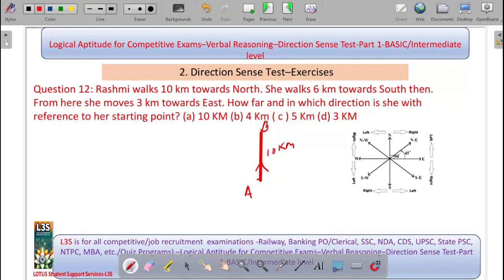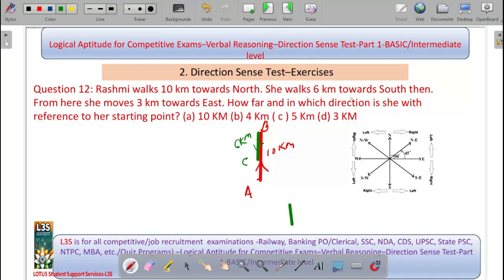So we change the color when she returns back. She comes back to point C, and this is 6 kilometer. And the remaining is 10 minus 6, 4 kilometer.